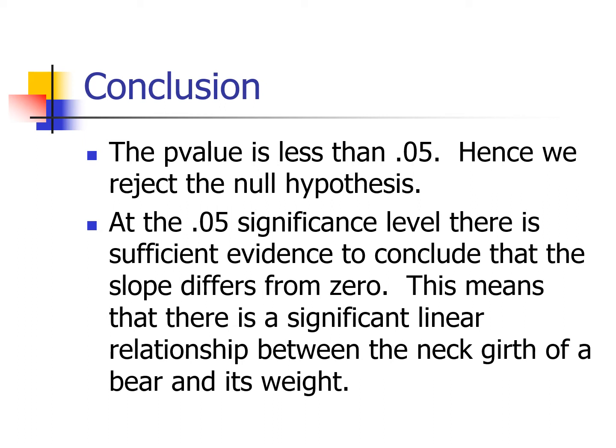I always want you to describe what that conclusion means in the context of the problem. What does it mean when you say reject the null hypothesis? In this example, we would say at the 0.05 significance level, there is sufficient evidence to conclude that the slope differs from 0.